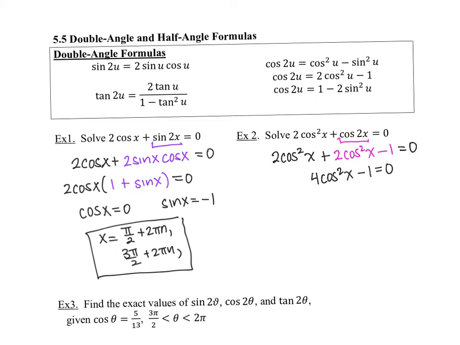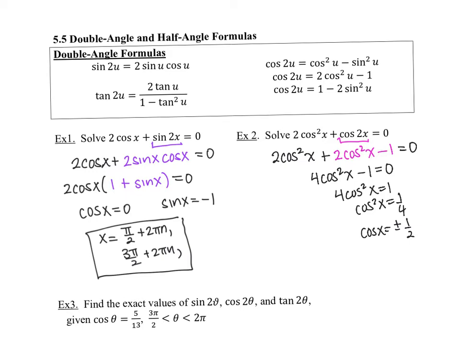Okay, depending if you like to factor or if you like square root, you could solve this by factoring or by using square root. Okay, let's see. The cosine of x is equal to plus or minus 1/2.